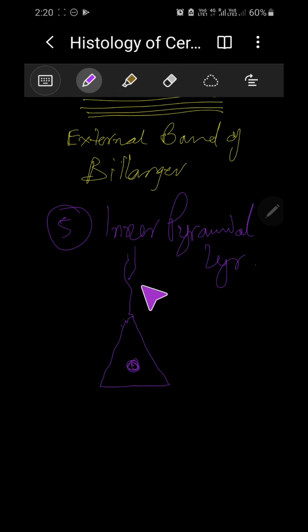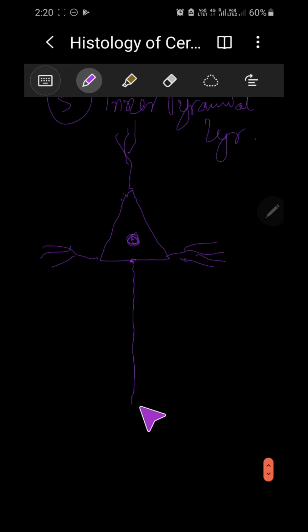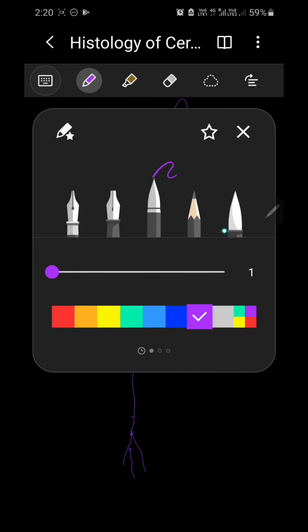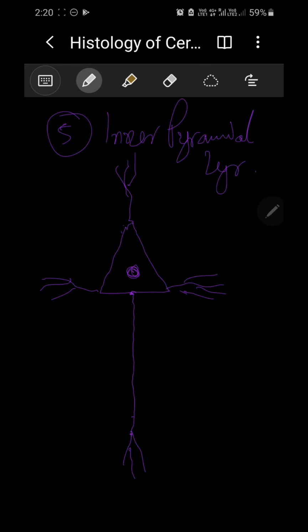They have dendrites reaching to the layers above. They have horizontal dendrites from the two corners of these triangular pyramidal cells, and there will be a long axon arising from the base of these triangular cells. And these axons will form the projection fibers.